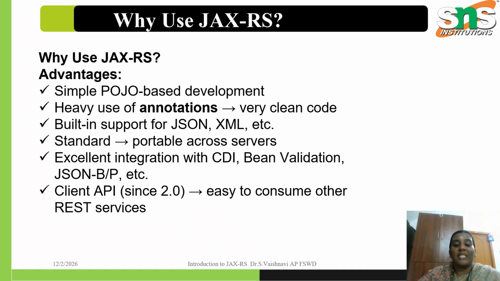It has excellent integration with CDI, Bean Validation, and JSON-B. Here is an example with Jakarta, and also we have REST consumers. The client API consumes other REST services, which we have also seen with the POJO. A POJO is nothing but a Jakarta web service according to RESTful state.